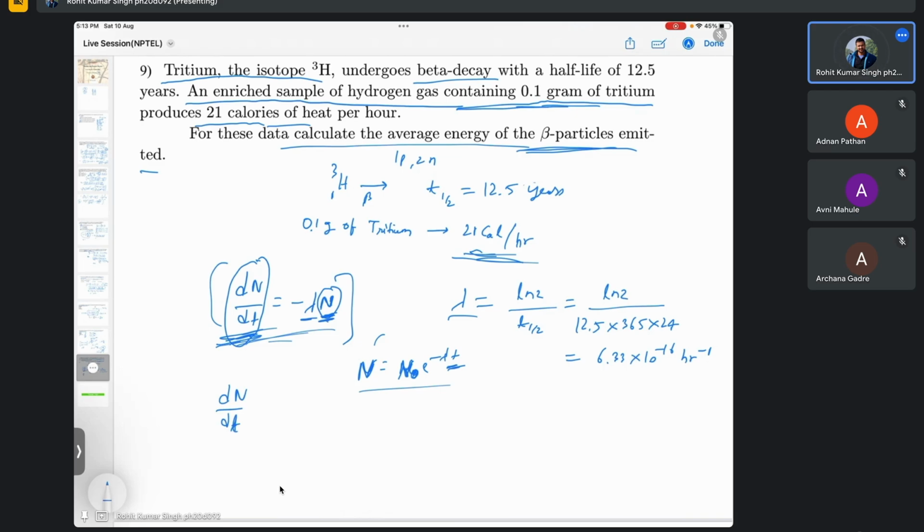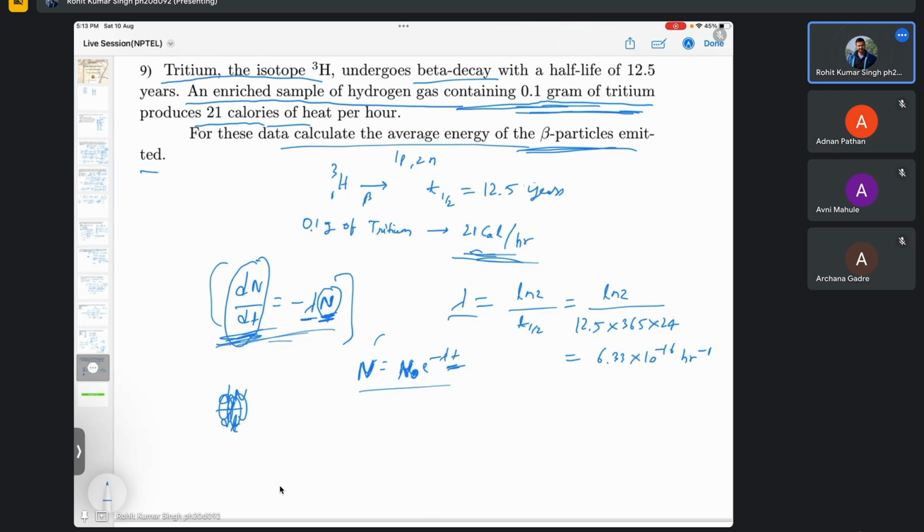Sorry, no, this dN by dt is not given. This we have to find. What I'm saying is, at any time t, this number of tritium atoms are there, so that will be our N, won't it?